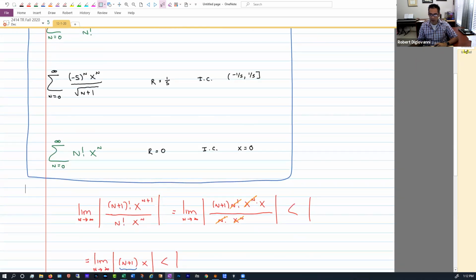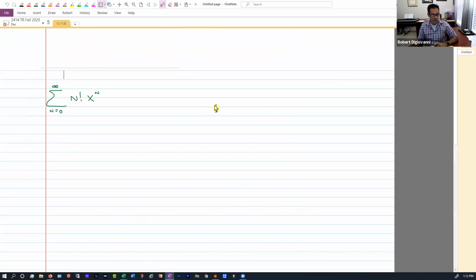Okay, now I have another example here for us. That's not it. This is a classic problem here. Where is it? There we go. So same question here. Find capital R, and I'm going to abbreviate this IC for interval of convergence, all right?